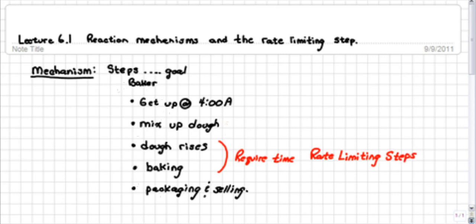A rate limiting step is the slowest step in the mechanism. Or in this case, we have two slowest steps. And the rate limiting steps determine the speed of the mechanism.